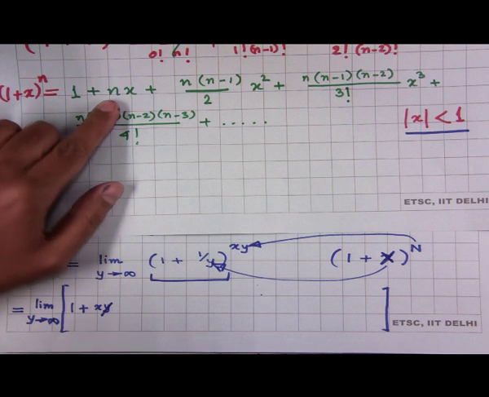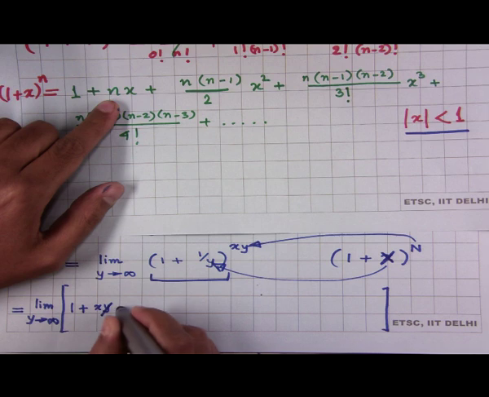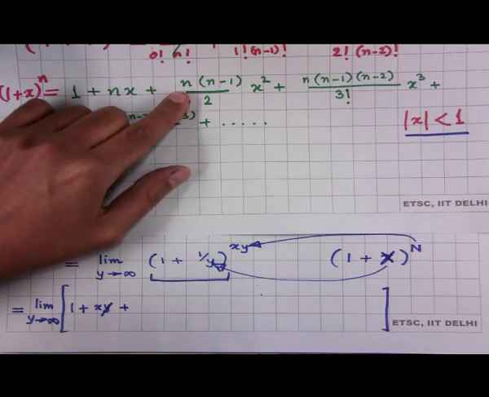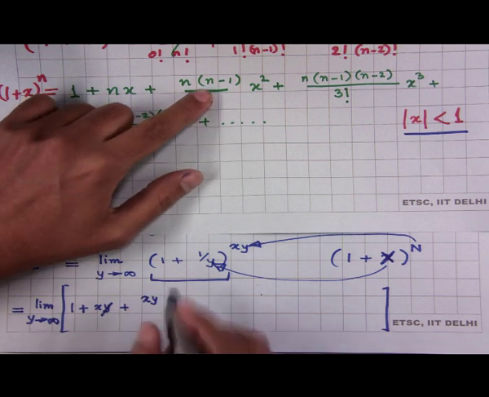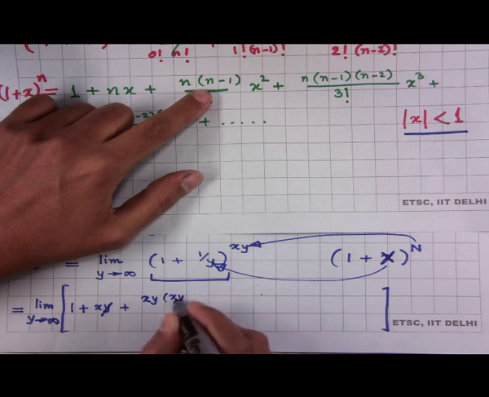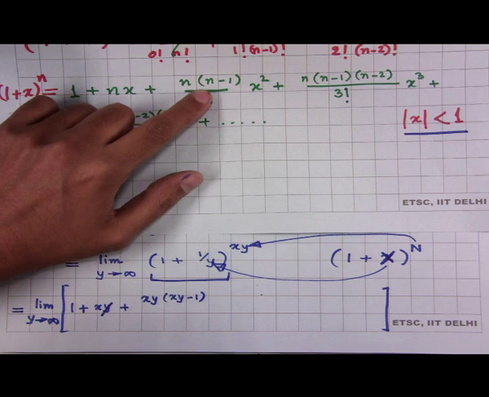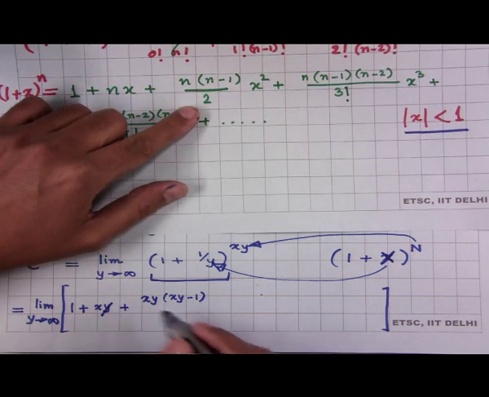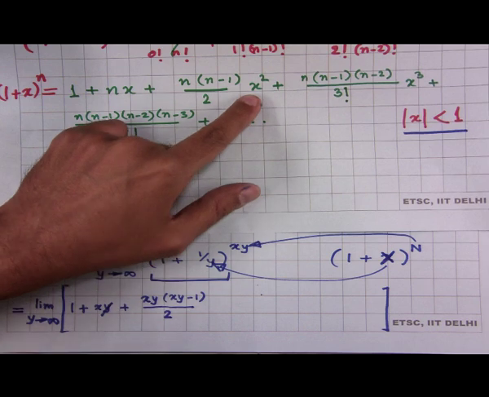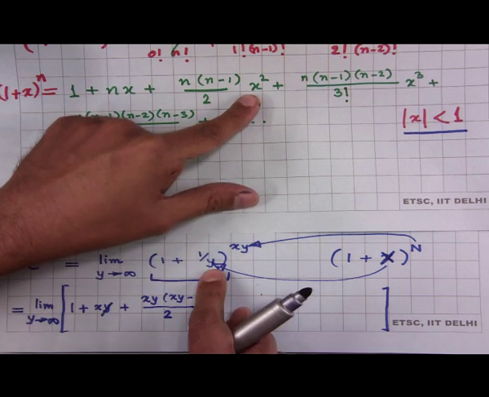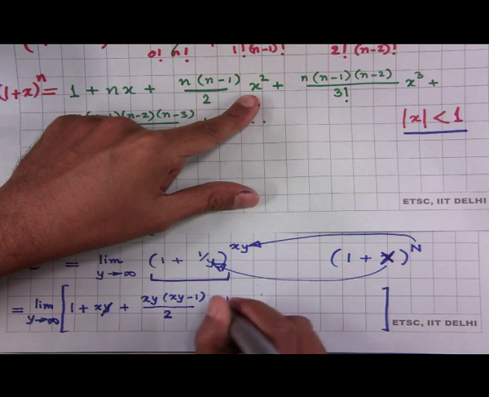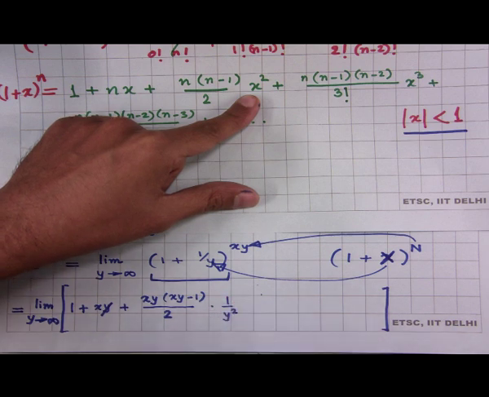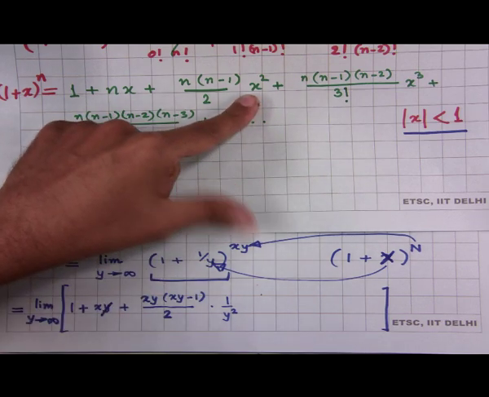So, this becomes just an x plus n x y times n minus 1 by 2 times x squared, x is 1 by y, plus and so on.